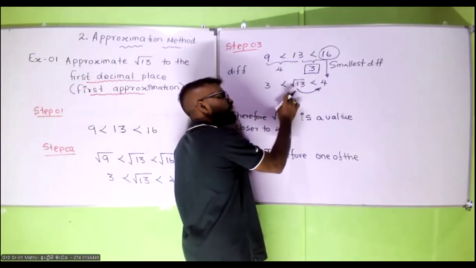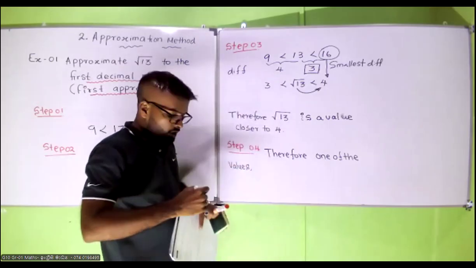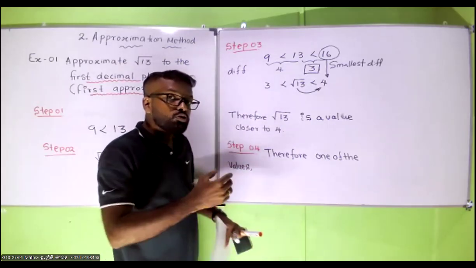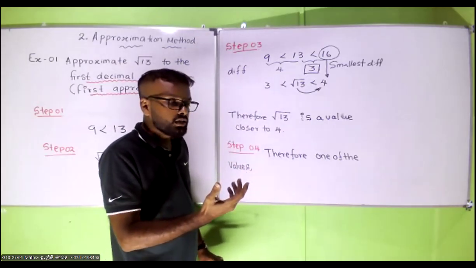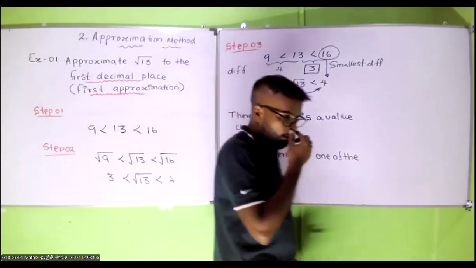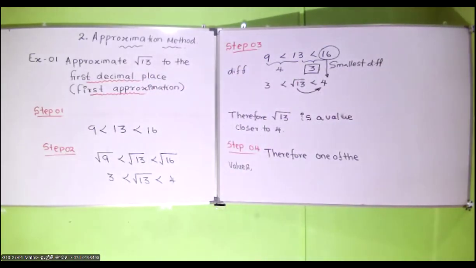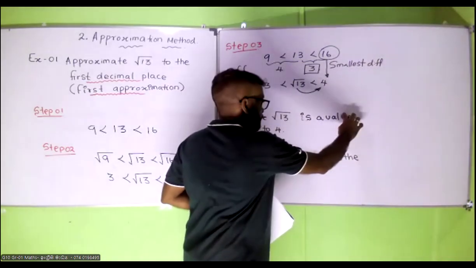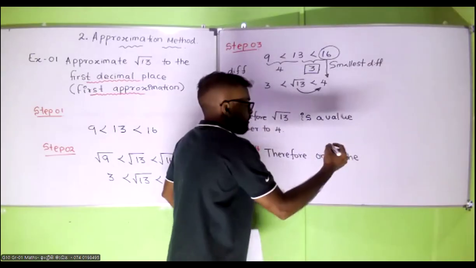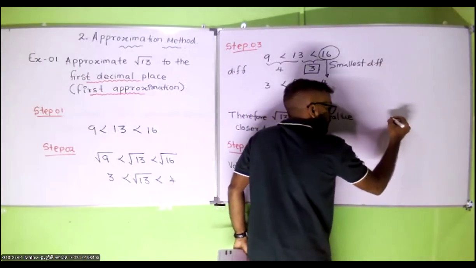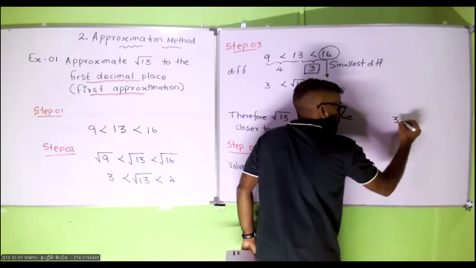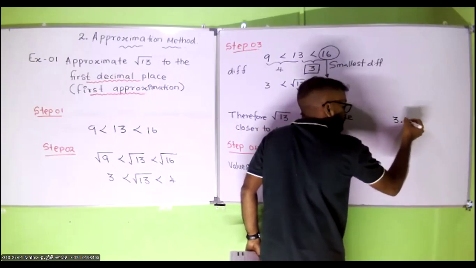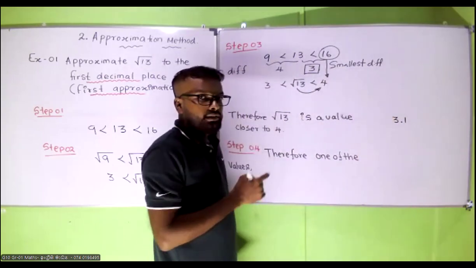Square root of 13 is closer to 4. Normally, now tell me. Now tell me 3.1.